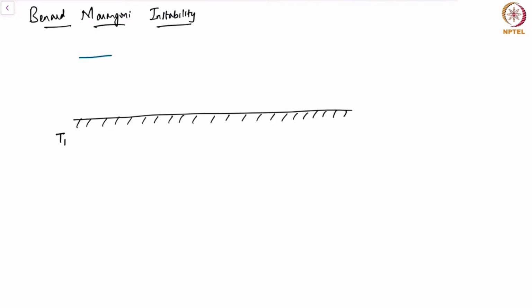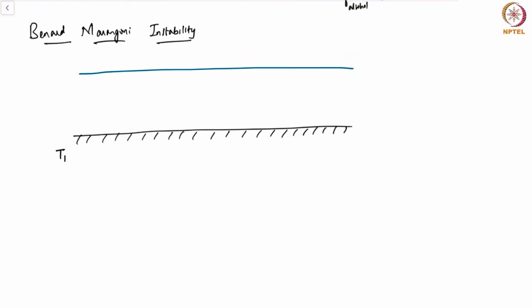Now, the analysis can easily be extended to a constant flux boundary condition as well, but I'll restrict myself only to the isothermal case. You have a liquid here, and above the liquid is atmosphere at constant temperature T0. The atmosphere we will treat to be passive.